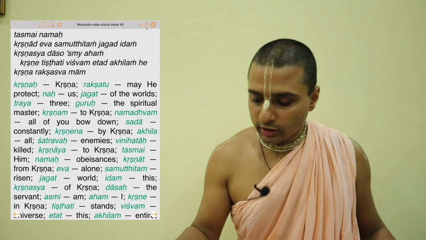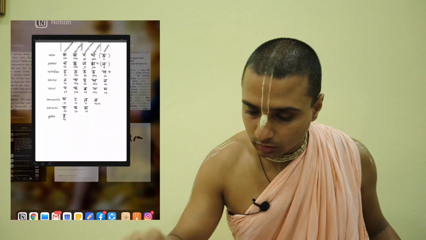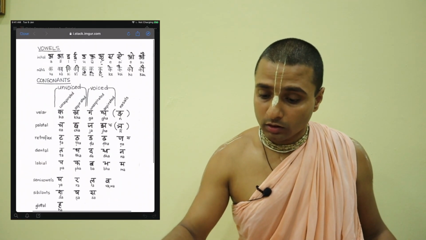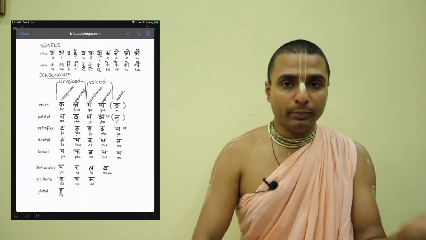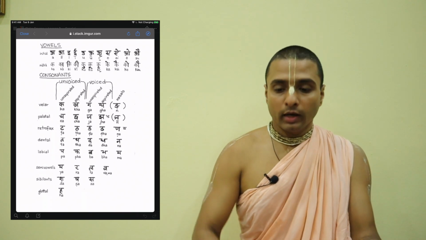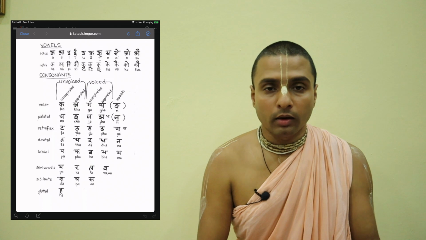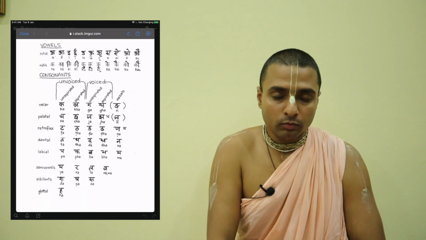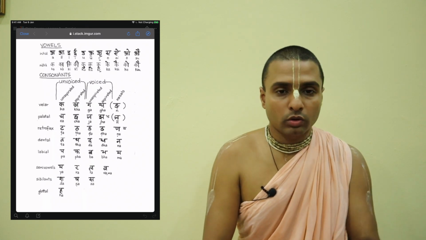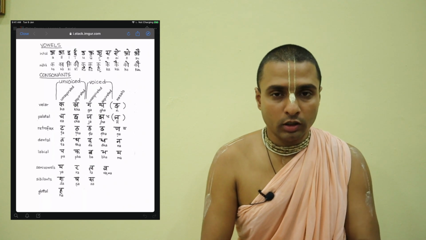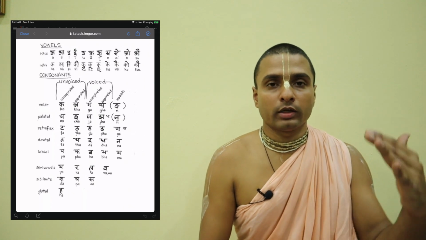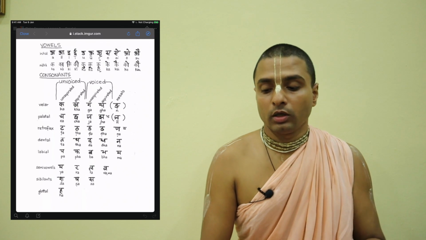So practice these sounds when you read the shlokas. What I suggest, practically speaking, is this sheet here. Keep this one with you on the side, and when you look at the shloka, you try to identify which varga it is and how to pronounce it.